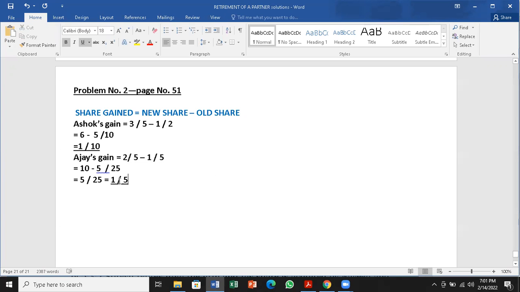So now convert 1 by 5 into the numerator 10. When you multiply this by 2, you will get 2 by 10. So this is 1 by 10. So this is 2 by 10.